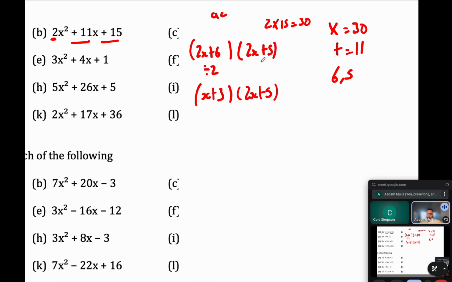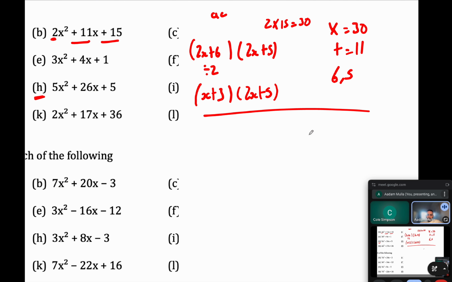Okay. Just make a note of that, and then we'll do another one together. There we go. Cool. I'm going to do H next. I'm going to show you a different method for E, because that one's a little bit easier. So what's the first thing that we do? Times it by 5.